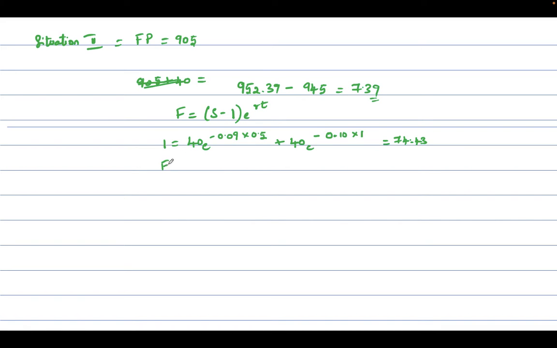So F equal to spot price 900 minus income. We have calculated here the income which you are going to get is 74.43, to the power, the rate of interest is 10 percentage, 0.10 into 1.